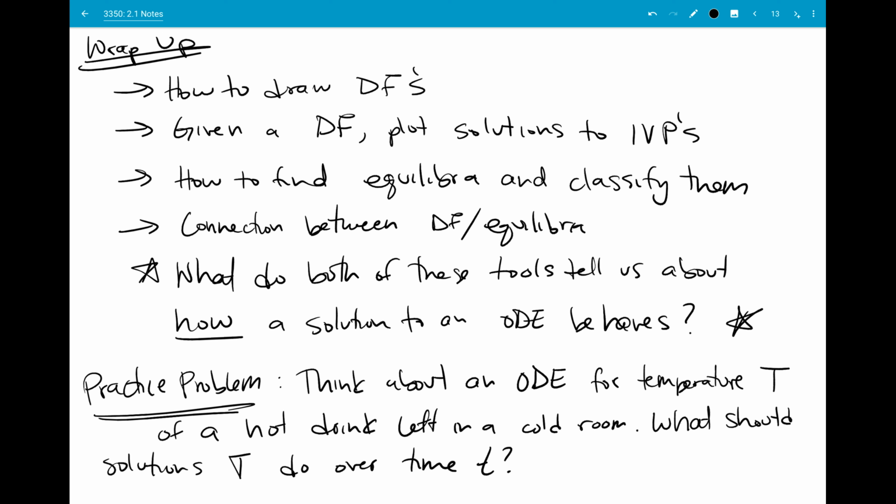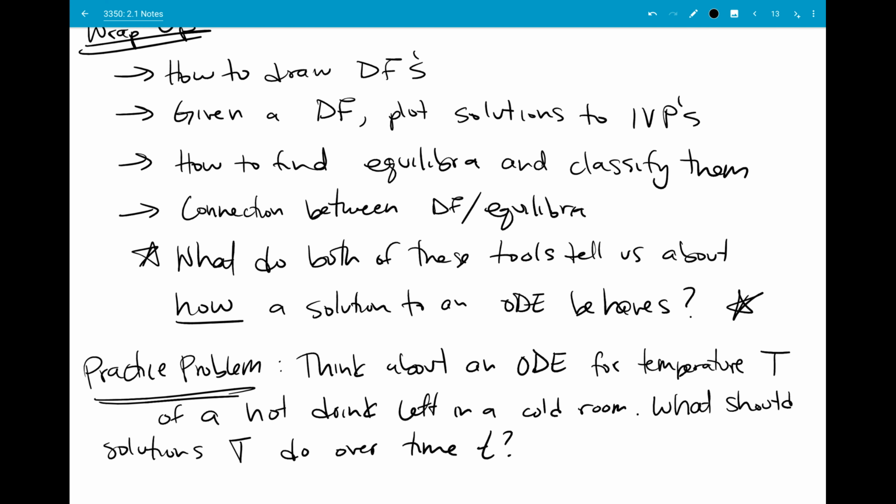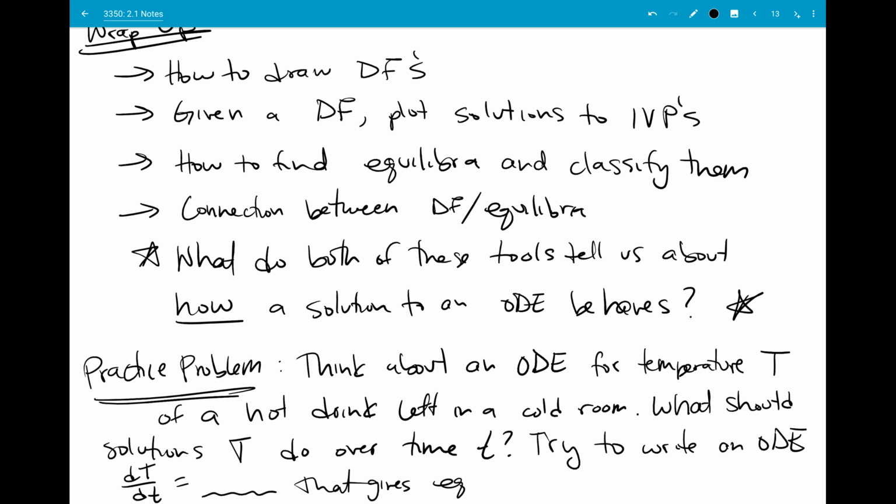And then using that intuition and what you know about equilibrium values, try to write down a differential equation that would give you equilibrium values that follow that behavior. So try to write an ODE dT over dt equal to some stuff that gives equilibria.